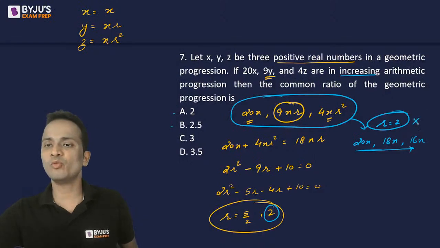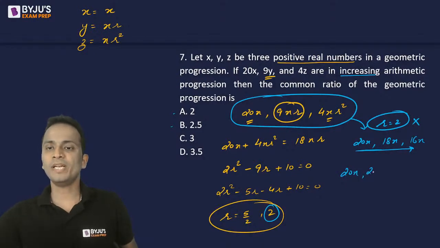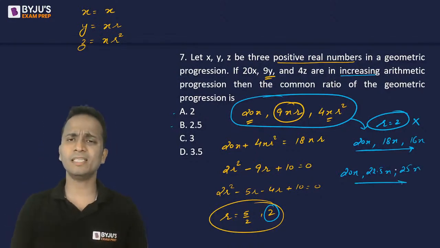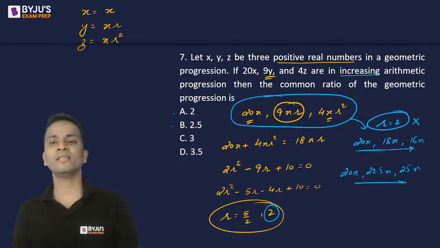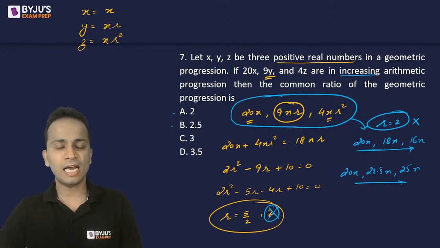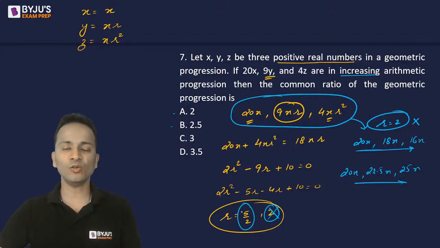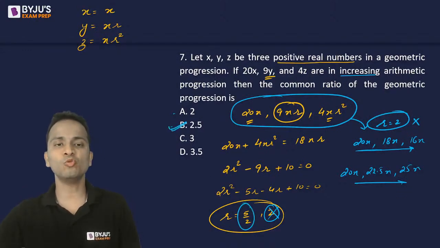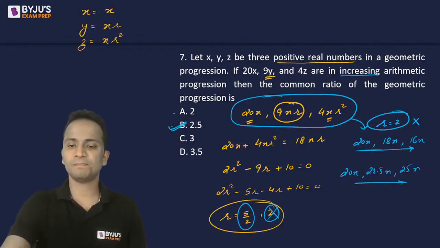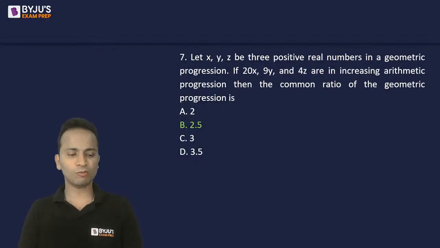So r cannot be equal to 2. If I put r as 2.5, we get 20x, 22.5x, and 25x. So yes, they are in arithmetic progression, and this is an increasing arithmetic progression. So I will reject the value of r as 2, and the value of r should be 5 by 2, that is 2.5. So the correct answer will be option B. Okay, right? So that was question number 7.